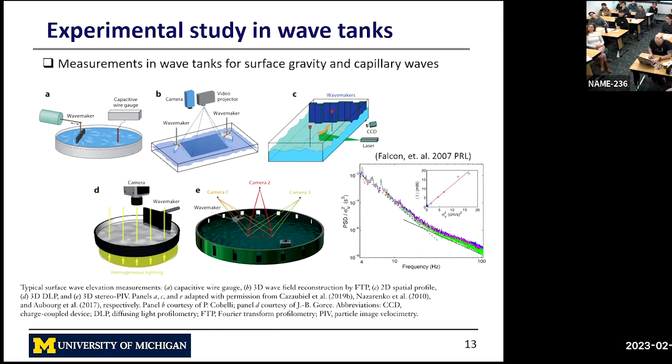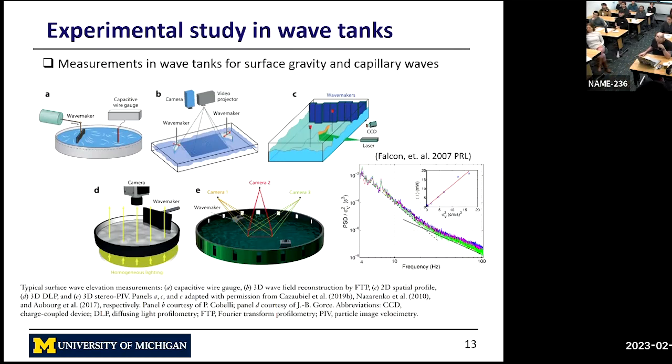Some of them have a paddle to oscillate, and some of them essentially oscillate the whole tank altogether to generate waves. And they also have different measurement devices, with a probe or with cameras to measure the surface.